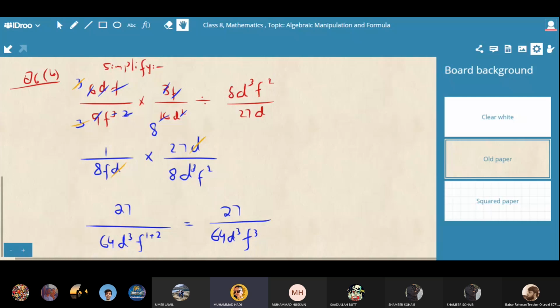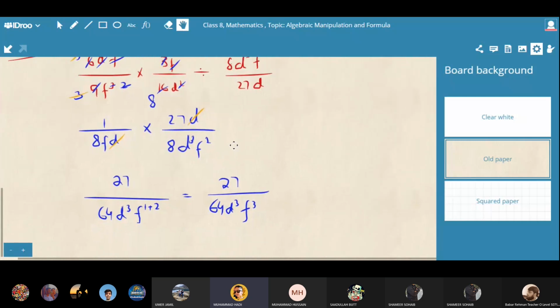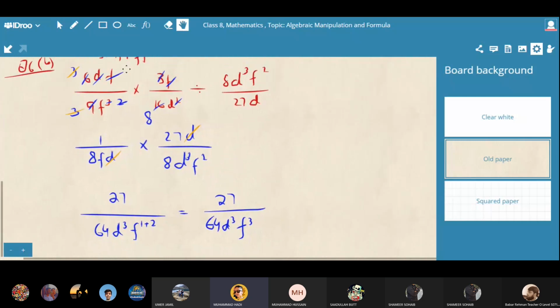Sir, in this question, first of all, we will do it step by step. In the first step, we will cross cut each other, and then the answer will come. Then we will again cross cut each other. Like this the answer will come. Then we will multiply it.